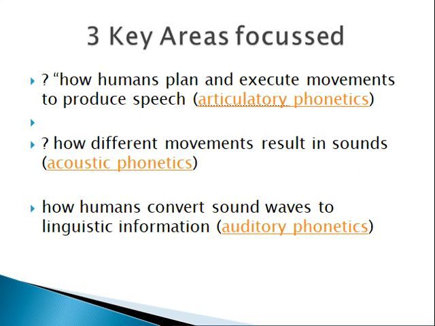The sound is produced, the sound waves move out, it reaches the receiver, the other person. He is receiving the sound waves, he is decoding it, then he understands what you said. Correct? So, what is happening inside the planning and executing of movements of your different organs of speech?